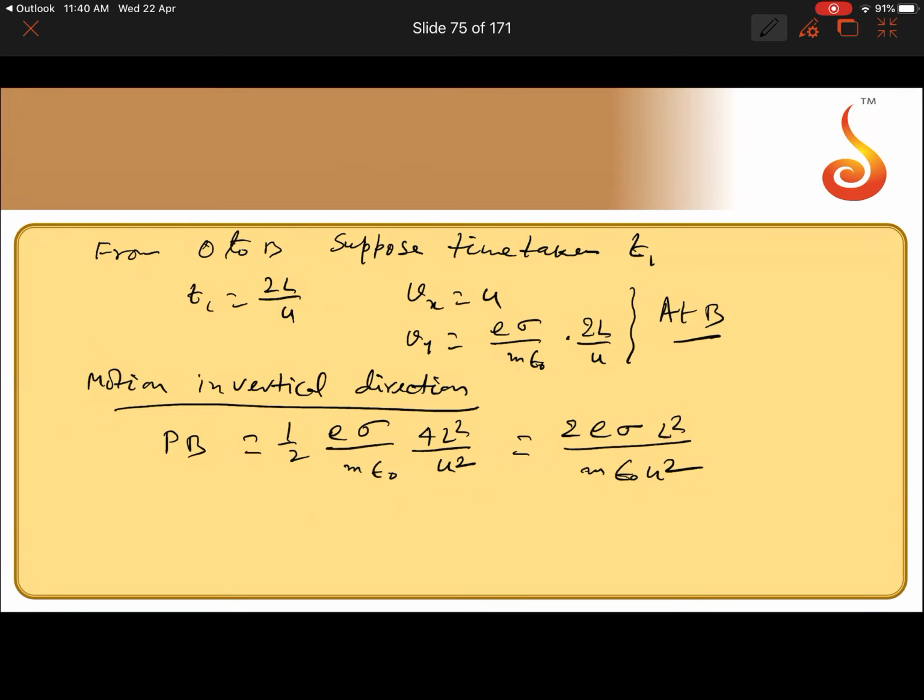Now consider the journey from B to C. Time taken: in the horizontal direction, distance traveled is L. So time will be what? L by u, because the horizontal component of the velocity is constant. So QC is the vertical displacement.